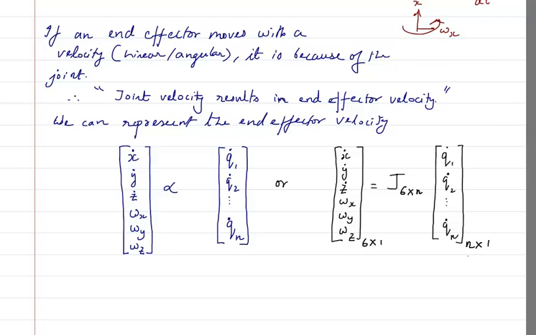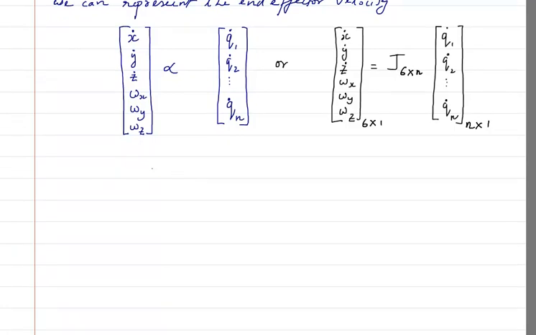Then only we will have a relationship like this which will work. So that J should have a size of 6 by n. That J is called the Jacobian matrix. So J 6 cross n is basically called the Jacobian matrix.